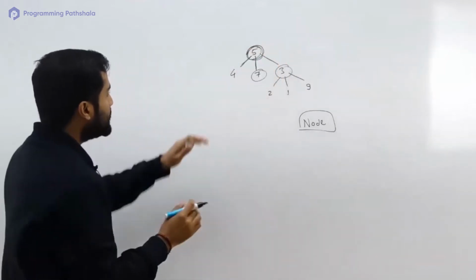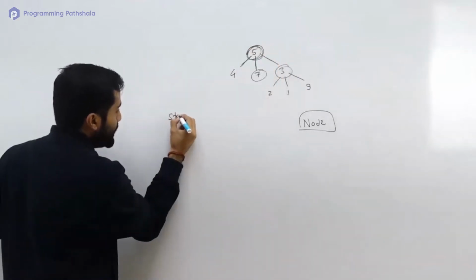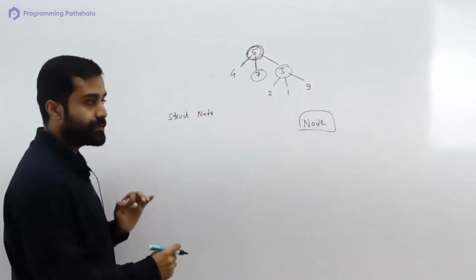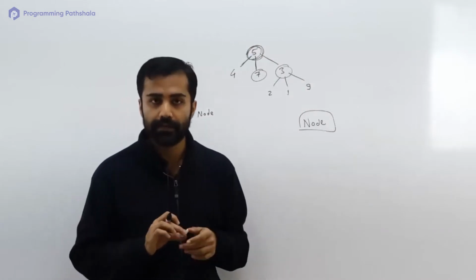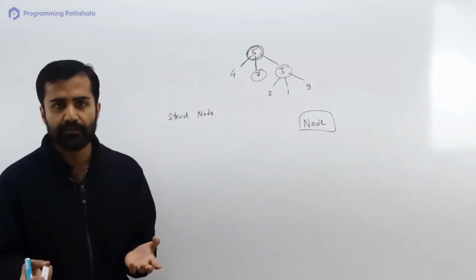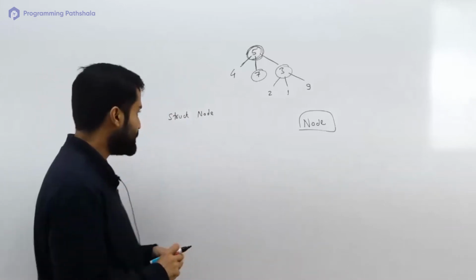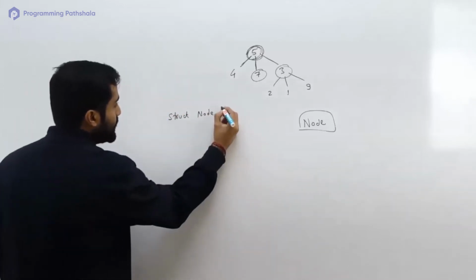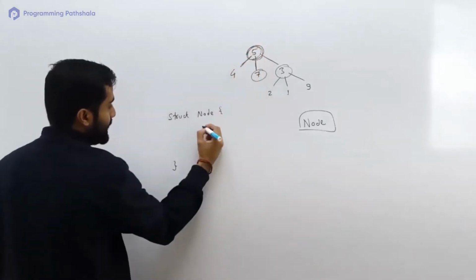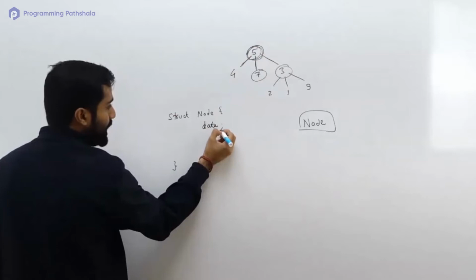So if I define the structure of a node, those of you who are comfortable with C can use struct. You might have learned it. That's a basic programming construct. Or you can use class if you are comfortable with C++, Java, or any other language. So let's say you have got struct node. Inside this, it is made up of some data, and that data will be of some type.